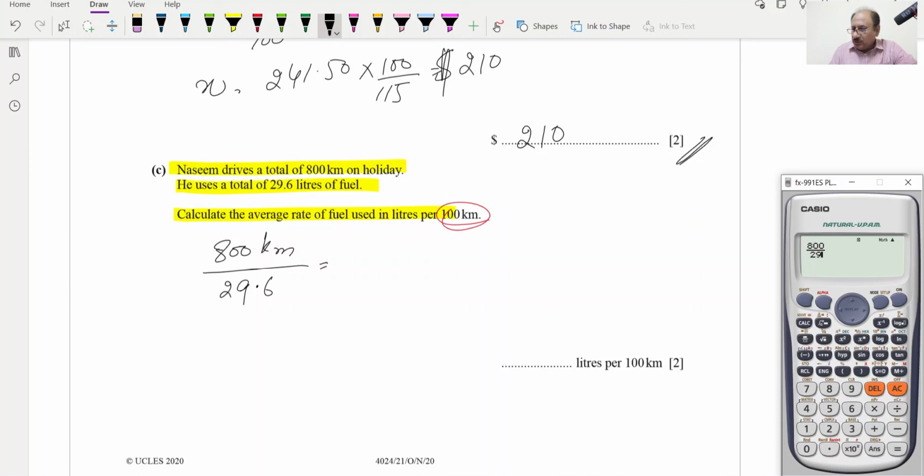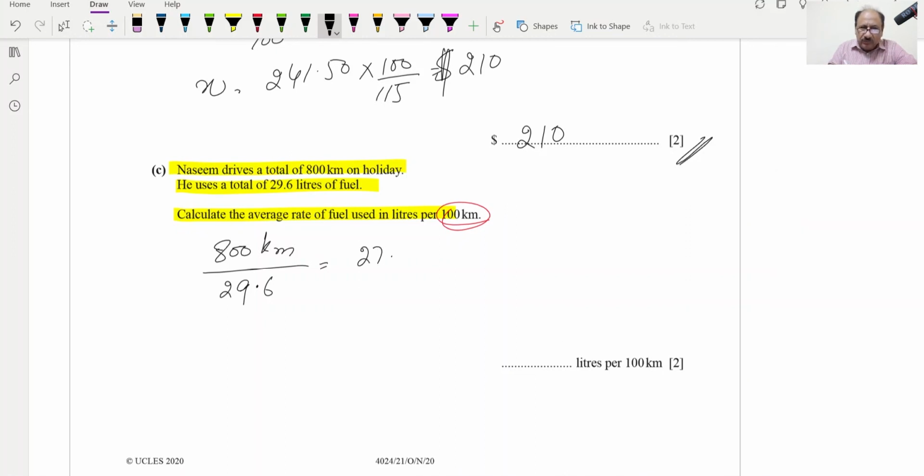Basically, in 1 liter how many kilometers we are covering, which you can say is mileage. So 800 divided by 29.6 is equal to 27.027 kilometers per liter. So this is our average. Now 100 kilometers will require how much petrol?